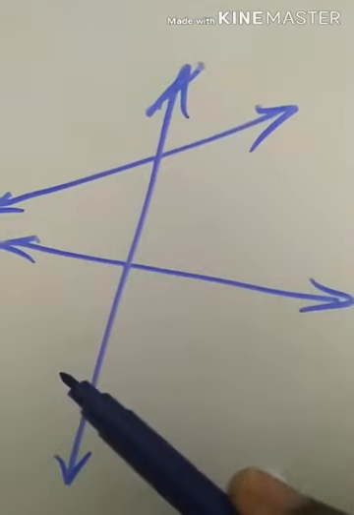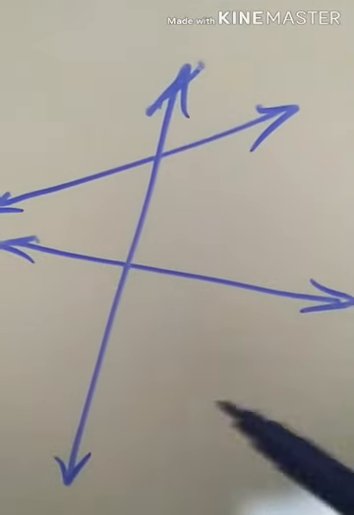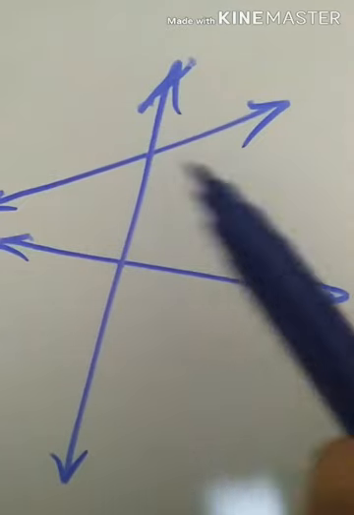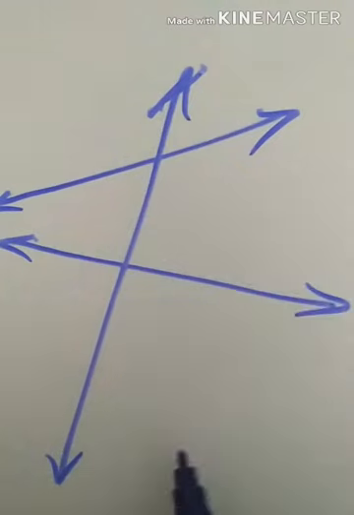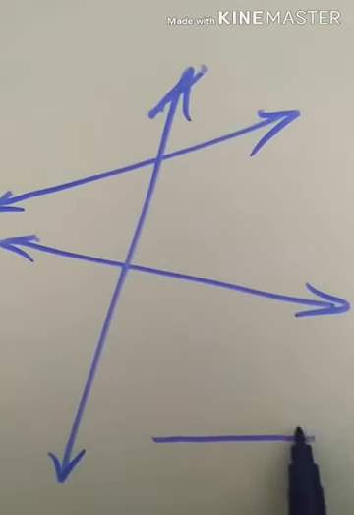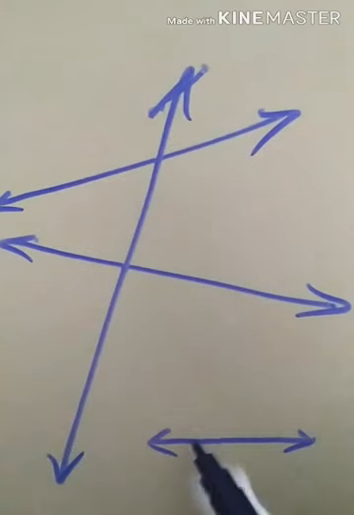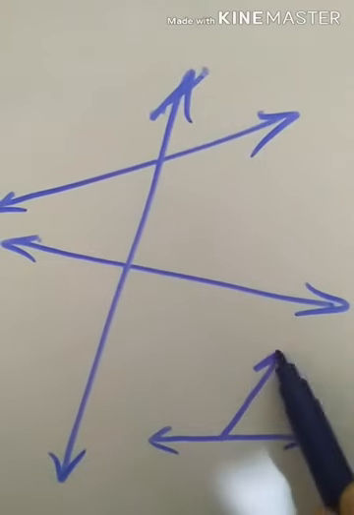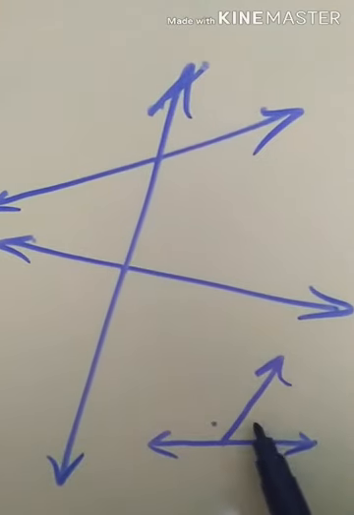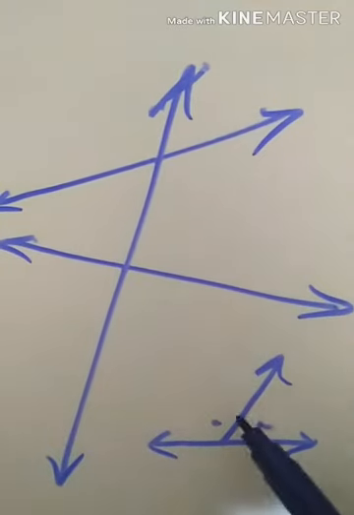Before I start with corresponding, alternate or interior angles, we all know that angles are also formed in a linear pair. For example, if you have a line this way and a part this way, here you have two adjacent angles.